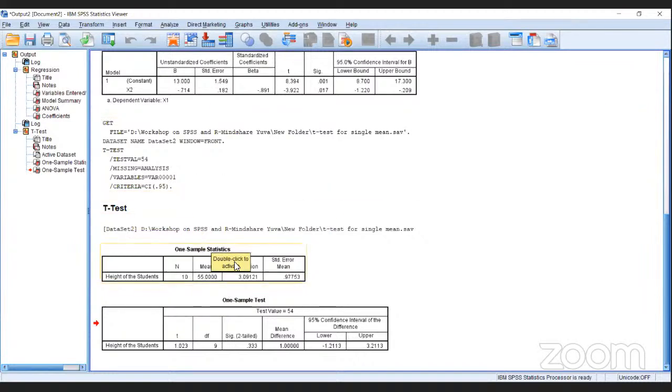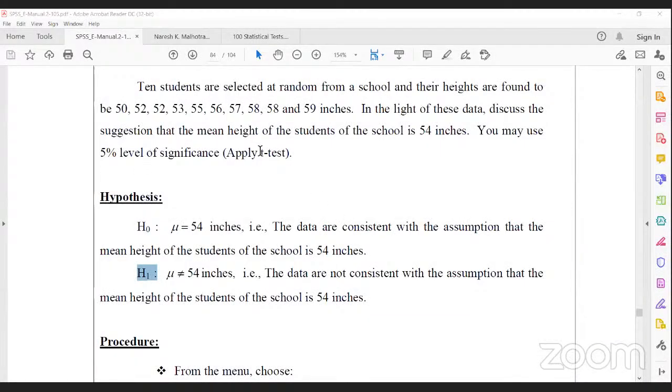If you see the data distribution here, I'll show you another. Where is the book? Okay, it started at 50 and goes to 59. So here we are comparing the averages only.